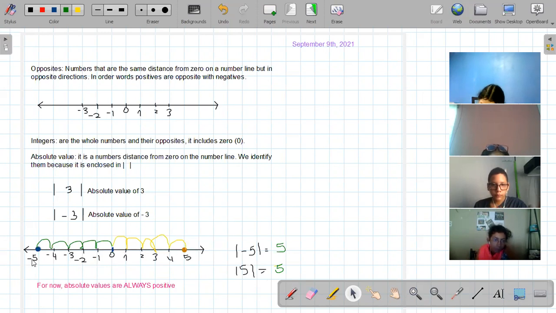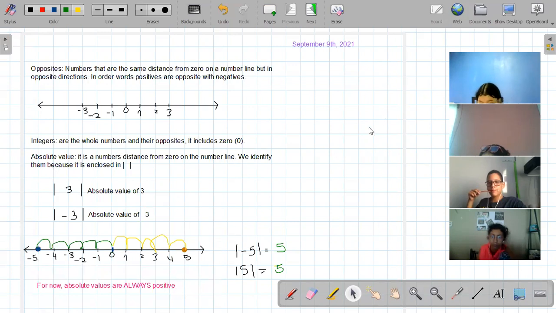So what's the distance between -5 and 5? 5. From -5 to 0 is 5, and from 0 to 5, it's 5. 10, exactly. The distance between -5 and 5 is 10, okay? So that's how absolute value is going to help us find distances as well. Questions so far?